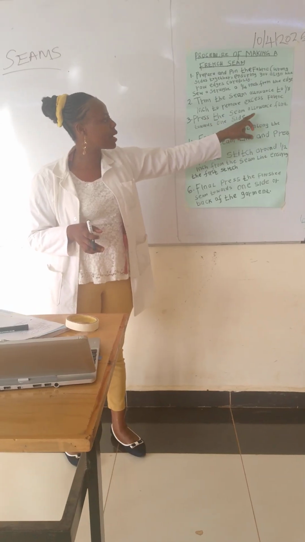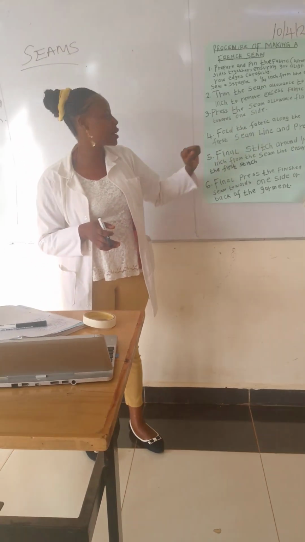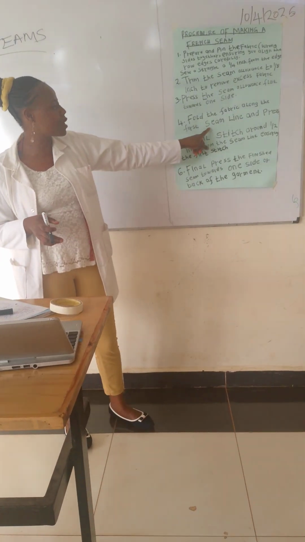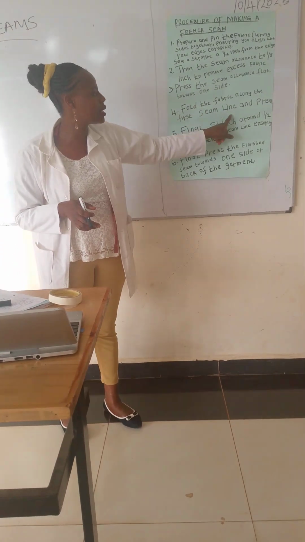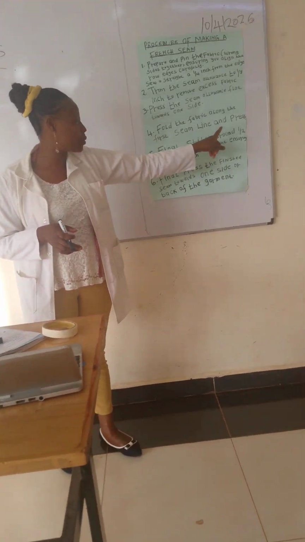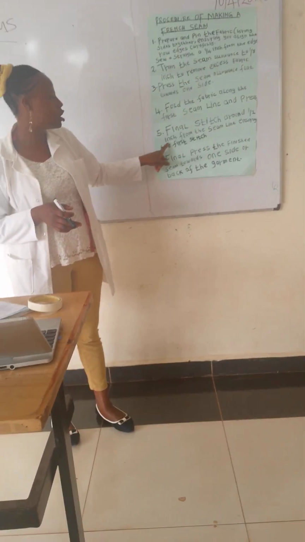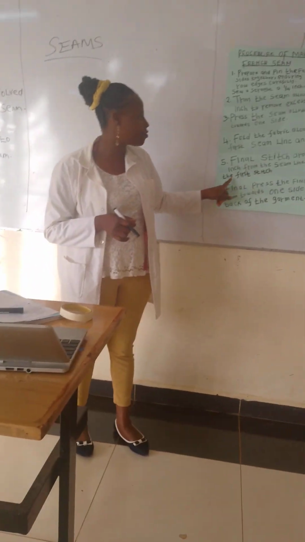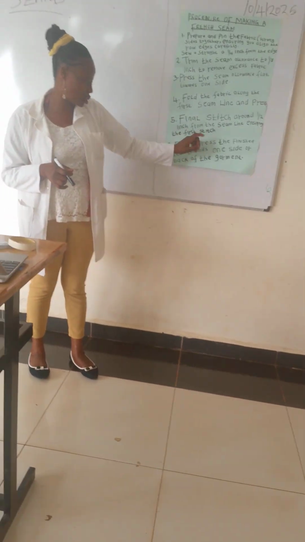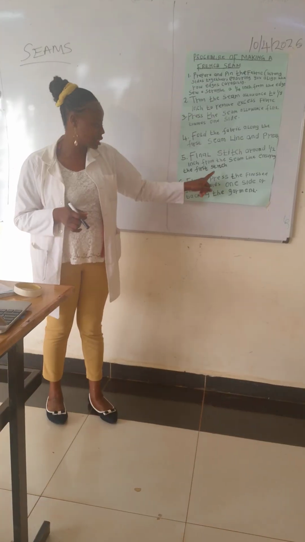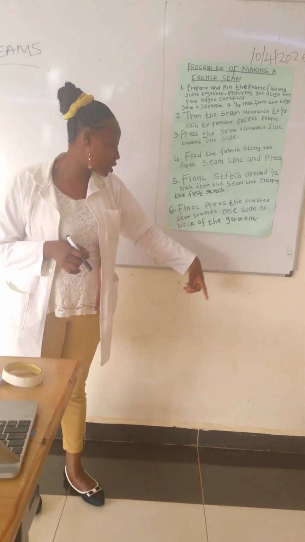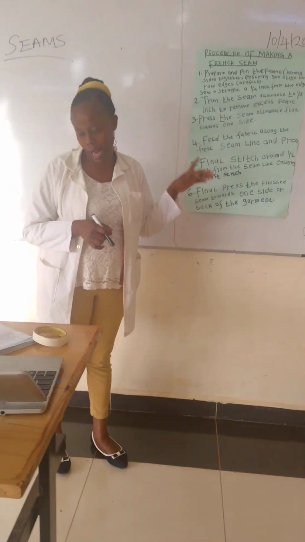You press the seam allowance flat towards one side. You fold the fabric around the first seam line, and you press. You then final stitch around 1/2 inch from the seam line, ensuring that it is on the first stitch. And then you final press the finished seam towards one side or the back of the garment.